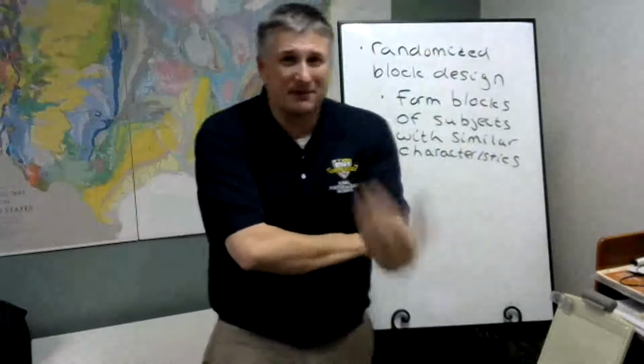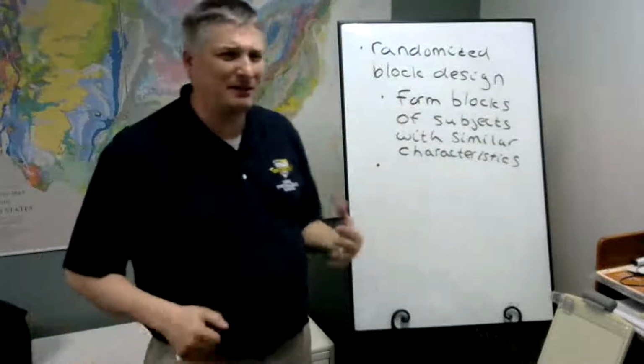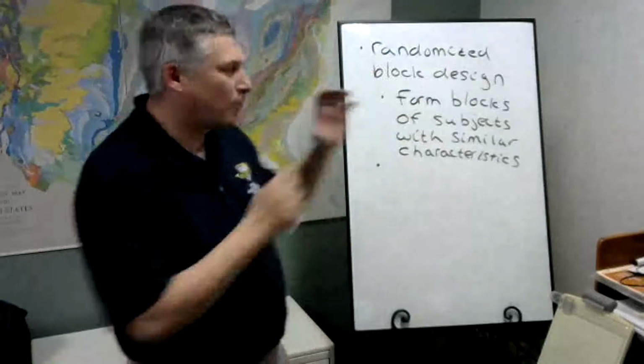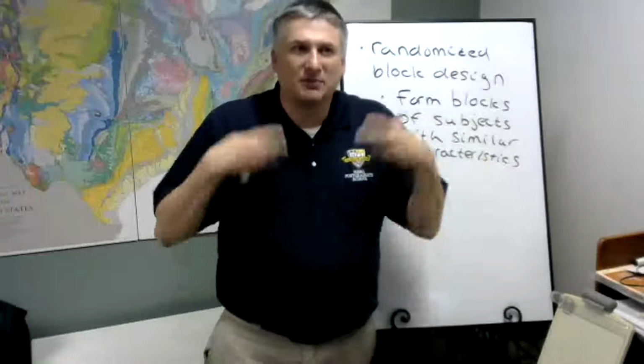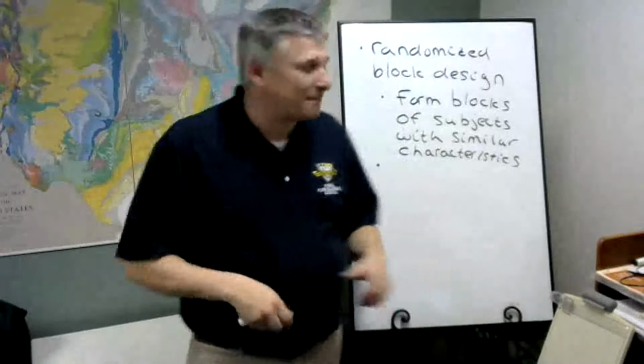Well, that was for building a sample. Now we're doing an experiment, and it's the same idea. We form blocks, again of persons with a similar characteristic that's going to be significant to our study.